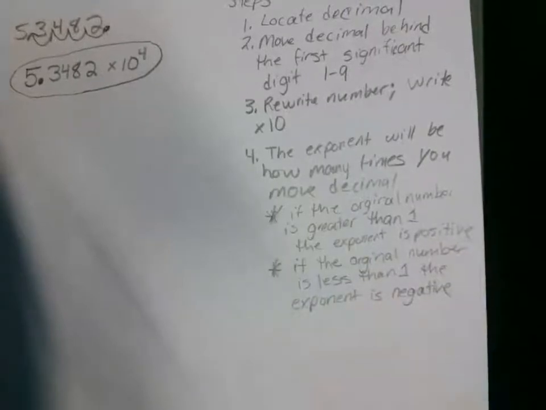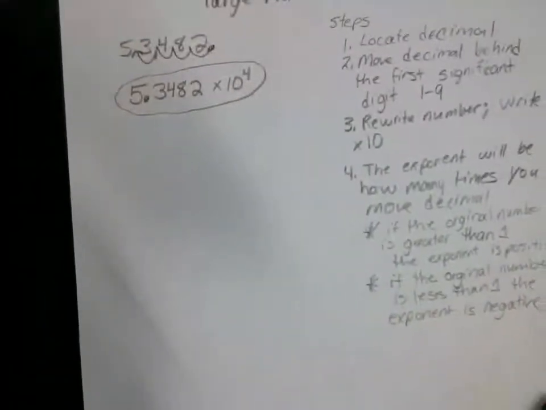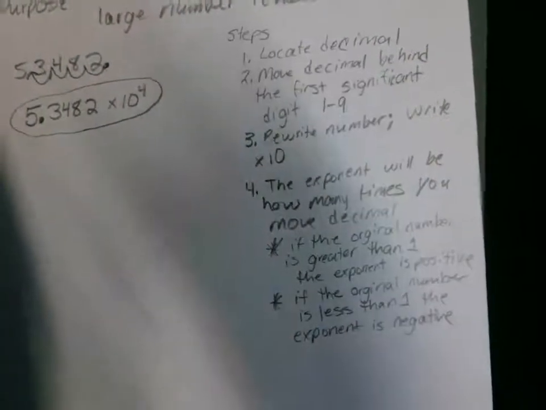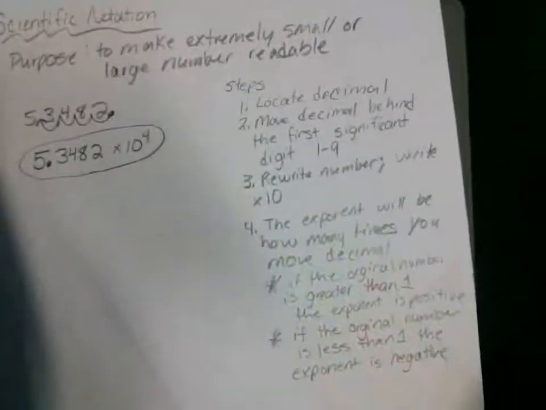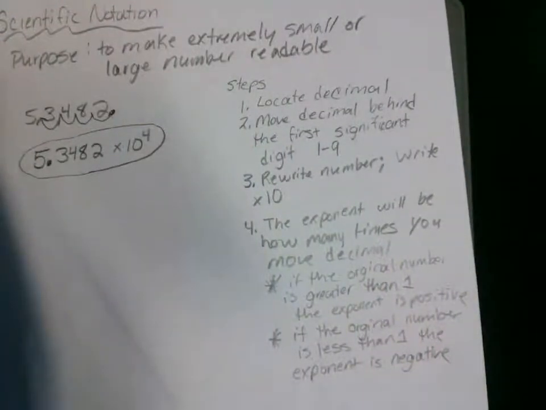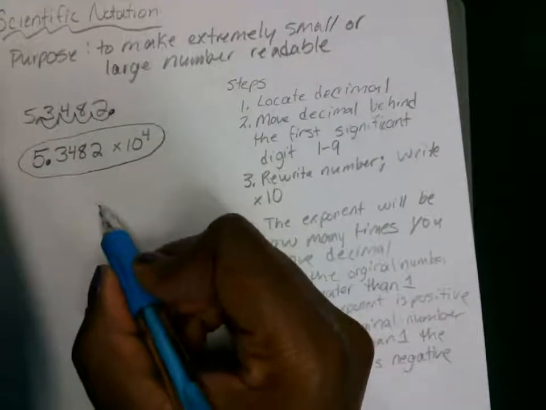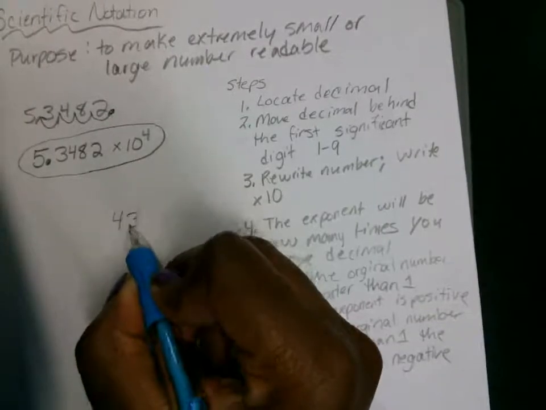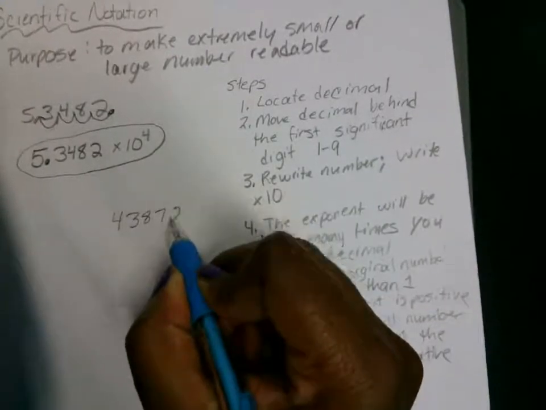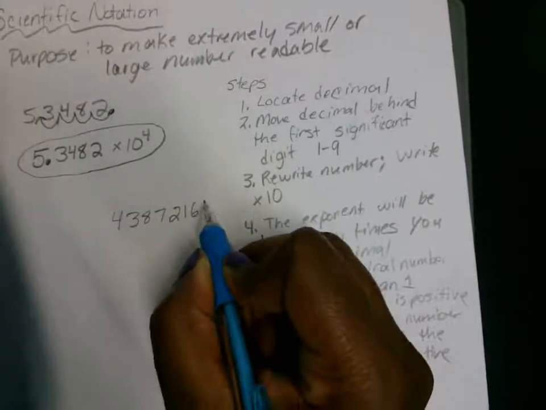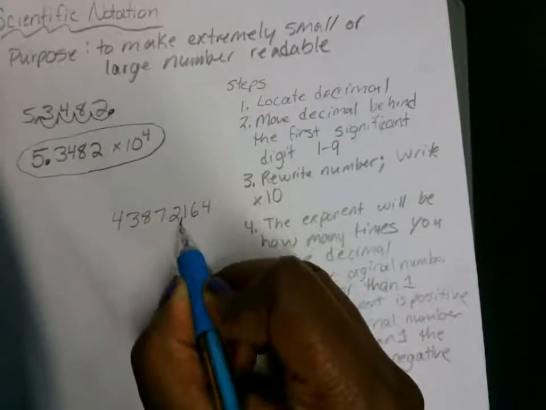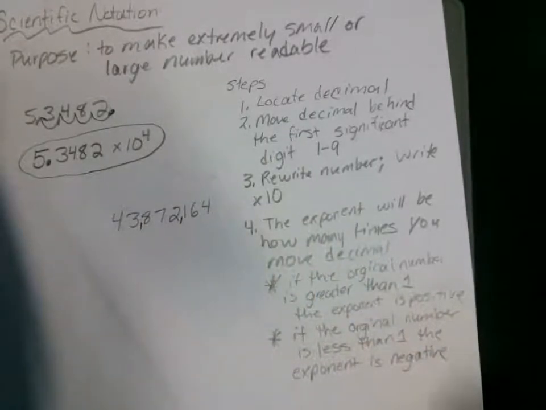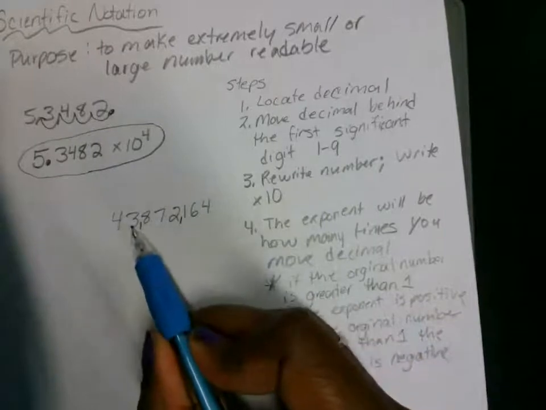Okay. All right. So let's do another one, using these same 4 steps, but we're going to do another problem. Let's slide this up some so you can see the whole thing. Our next example: let's do another large number. 43,872,164. We put the commas in to help us properly read that number.